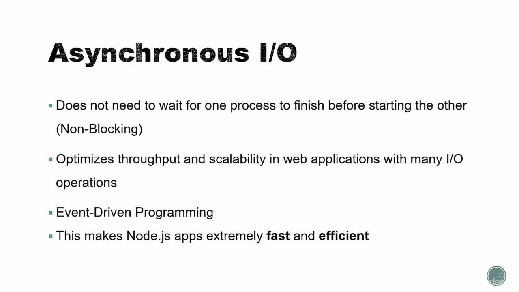Well, Node.js is asynchronous, and that makes it so that we don't actually have to wait for one process to finish before starting the next. This is called a non-blocking model. Apache and synchronous systems use a blocking model because you're essentially blocked off until the current process is complete before you can start the next one. So with Node being asynchronous, it's optimized for throughput and scalability.